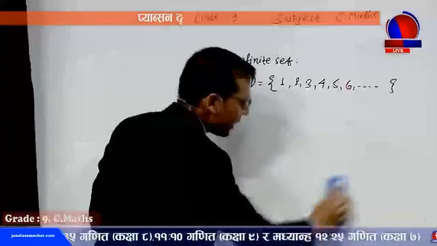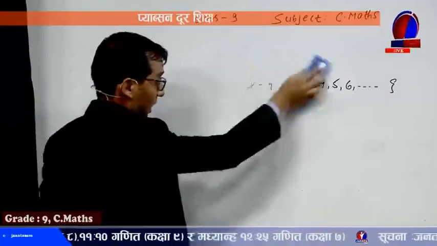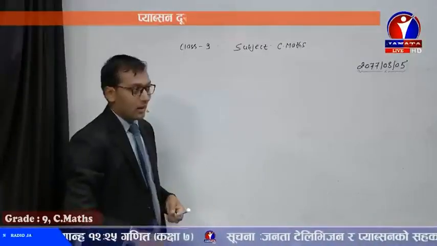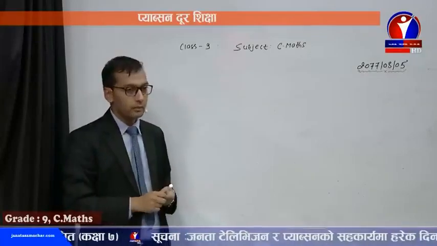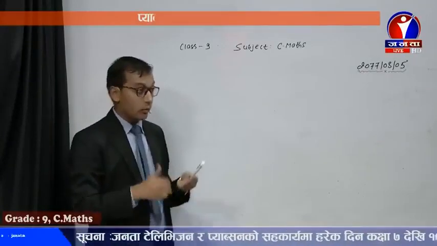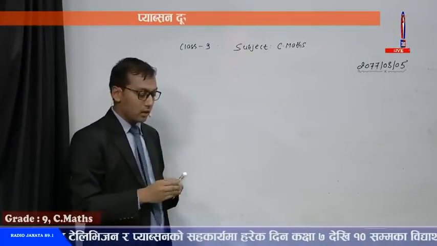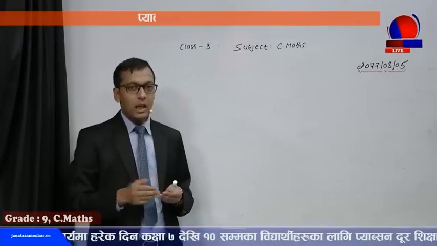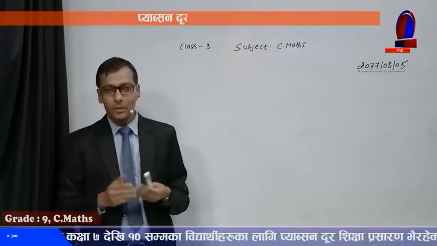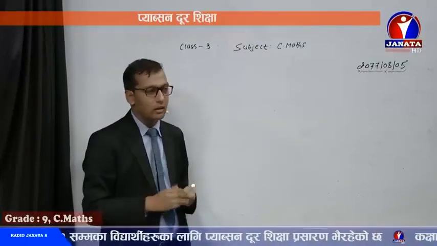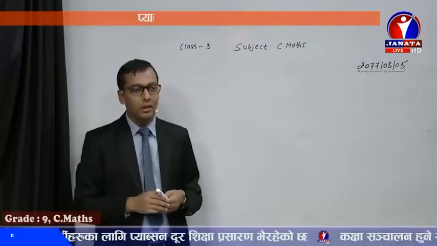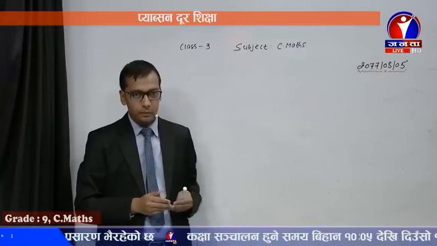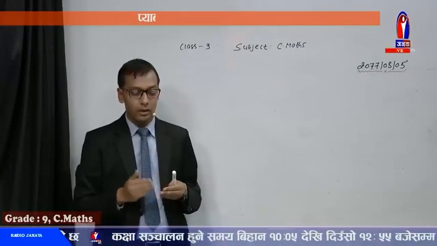I'm discussing different types of set. Next we have equal set, equivalent set, overlapping set and disjoint set. I believe these are the different types of set we have learned in lower class, in grade 8, grade 7, because you have been studying this topic, set, from lower grade.